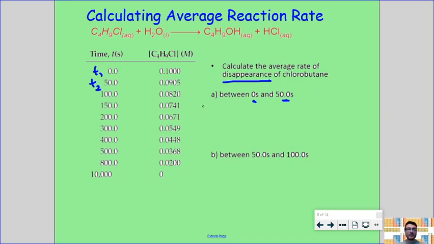All right, so rate. You would write C4H9Cl here, but trying to save some time.